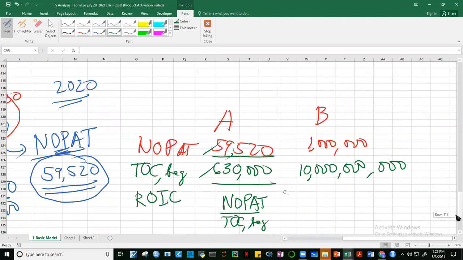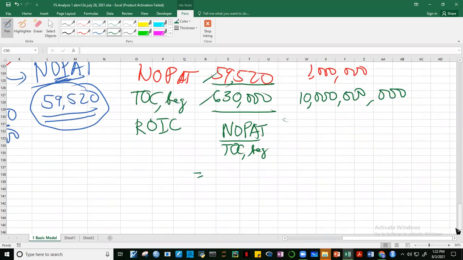So Company A's ROIC is 9.45%, which is the same as 0.0945. What does that mean? For every 1 peso of operating capital, Company A generated 9.45 centavos of operating profit. Good or bad?